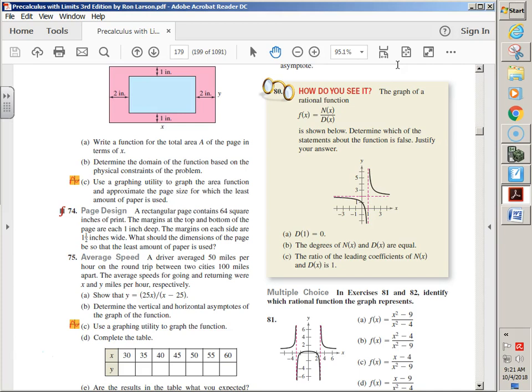Letter B, the degrees of n and d are equal. Wait, what happens if the degrees are equal, if there's a tie? Horizontal asymptote at, not 0, not none, but at a ratio of the leading coefficients. The only time the horizontal asymptote will be somewhere else than 0 or non-existent is when there's a tie. The ratio of the leading coefficients is 1.